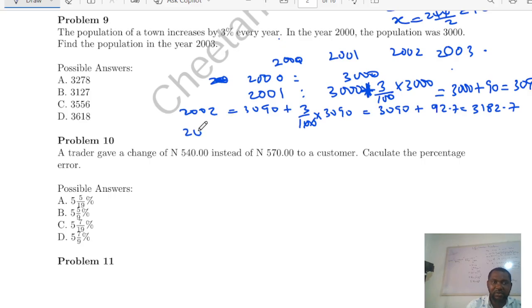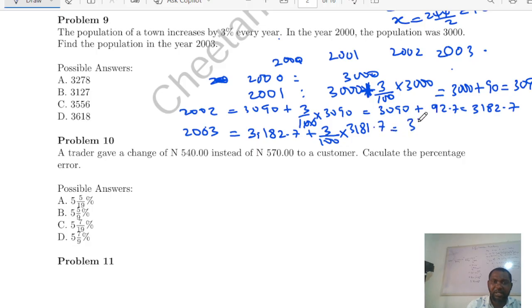Then for 2003, I'm going to increase it again by 3%, so that's going to be 3182.7 plus 3% of the same 3182.7.